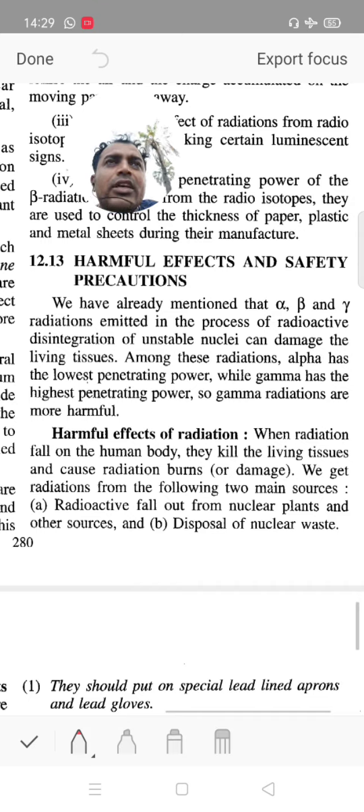There are two main sources of radiation: radioactive fallout from nuclear plants and other sources, and disposal of nuclear waste from nuclear energy used for production of electricity.